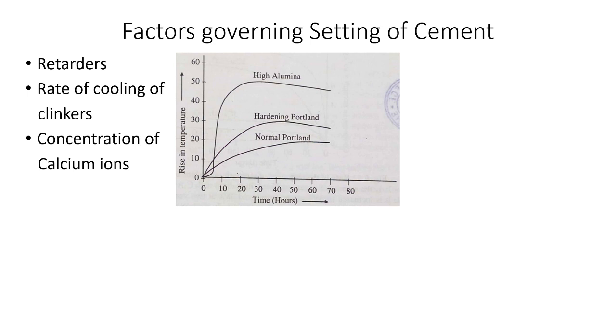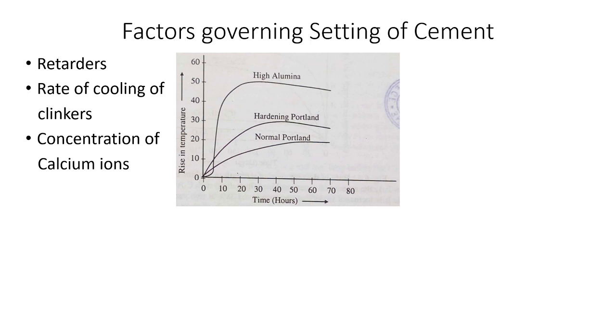The presence of calcium salt also affects the setting because it changes the solubility of calcium aluminate and calcium silicate. Also, the presence of sugar or boric acid in cement brings about quick setting. These materials produce salts with the passage of time, which are slightly dissociated. So that is the role of the concentration of calcium ions.